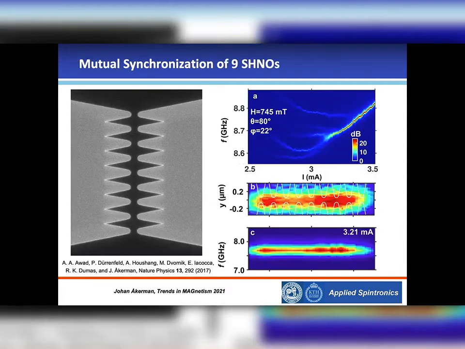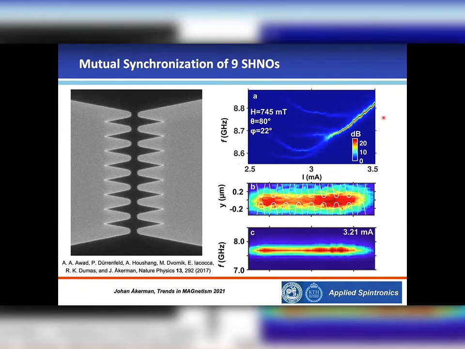We looked at longer chains in this first work, and we could find mutual synchronization up to 9 oscillators we tried. And here you can see to the left is the SEM image. The black are the nanoconstrictions, and to the right you can see the electrical behavior. More and more signals combine into a stronger and stronger signal.